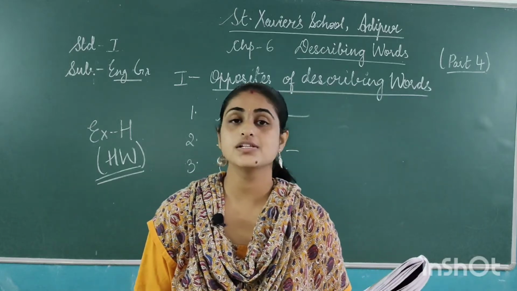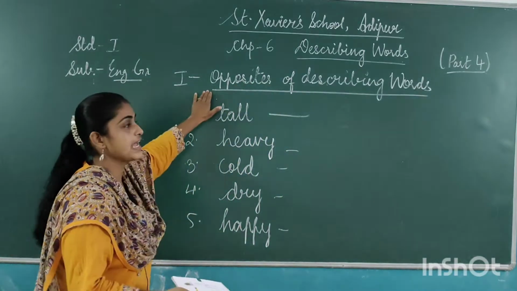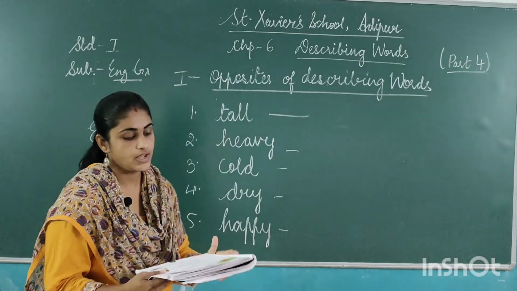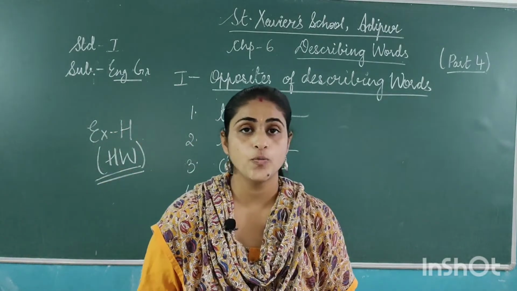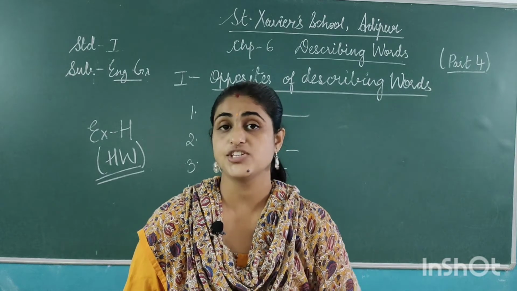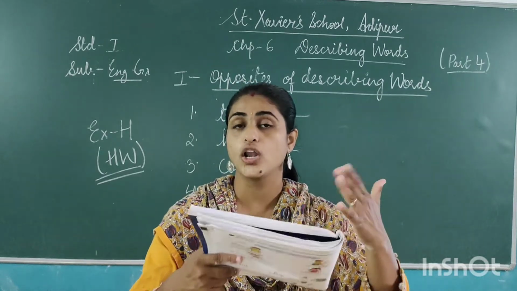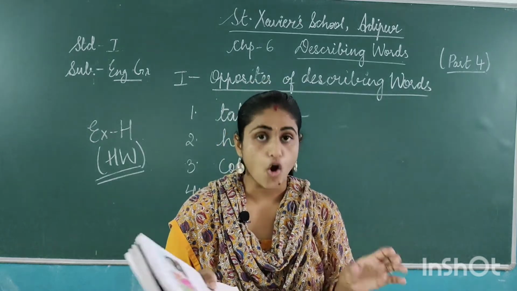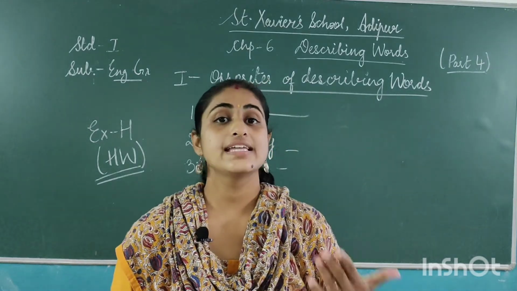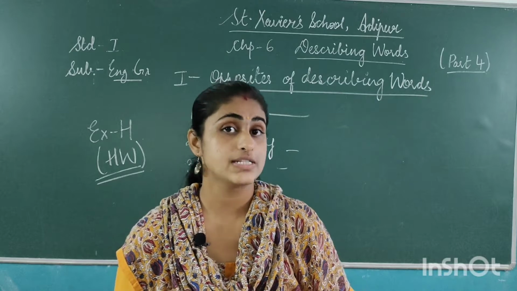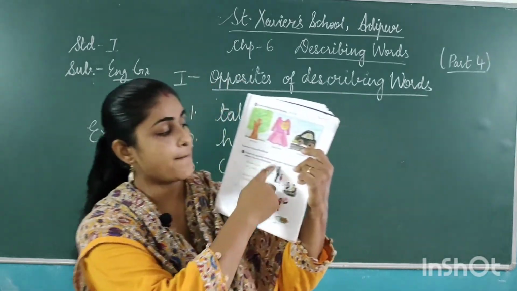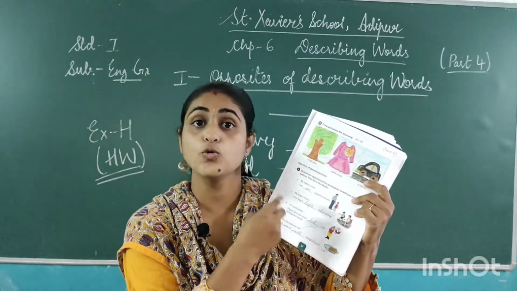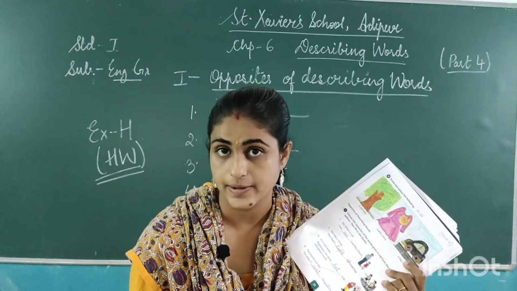That is opposites of describing words. I have written it on the blackboard. Now see, opposites we know. Opposites are the reverse of anything, like tall, short, heavy, light, cold, hot. These are called opposite words. Here you are given describing words, and you have to write their opposites.